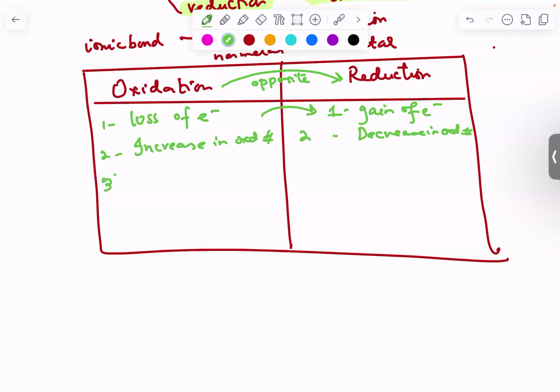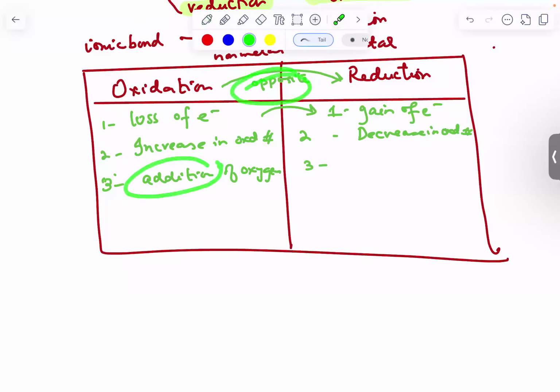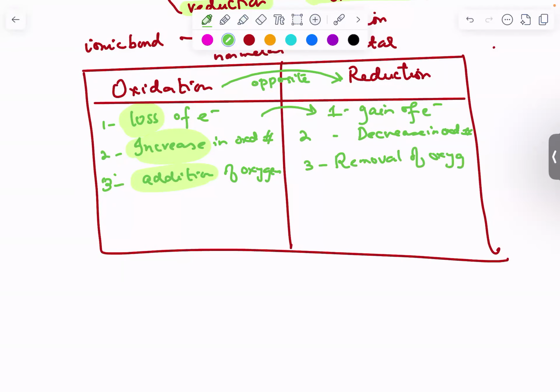Now, the third definition is connected to it: oxidation is the addition of oxygen, and for reduction, as we are going to write the opposite of everything, so what are the main words? I'll highlight them: loss, increase, addition. What is the opposite of addition? Removal. So the removal of oxygen is called reduction.